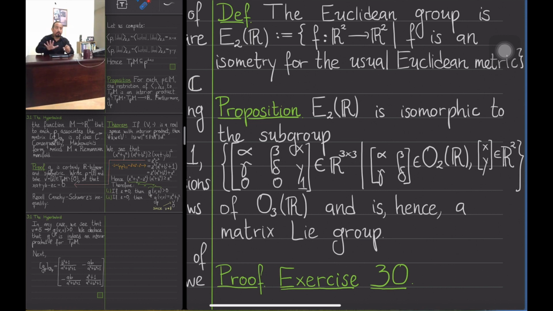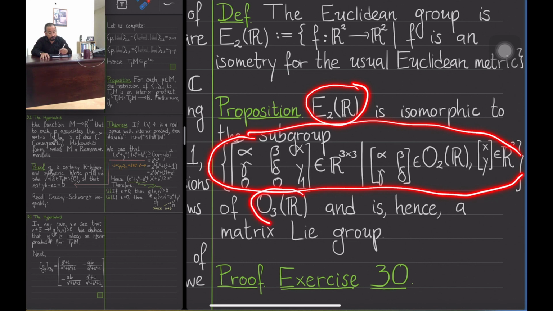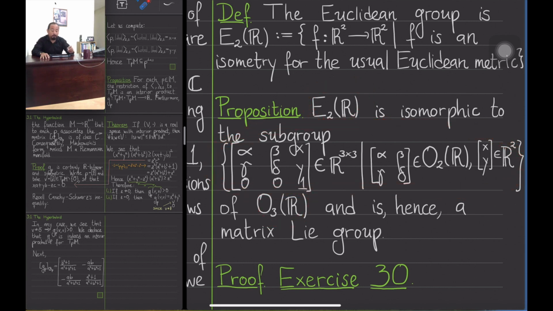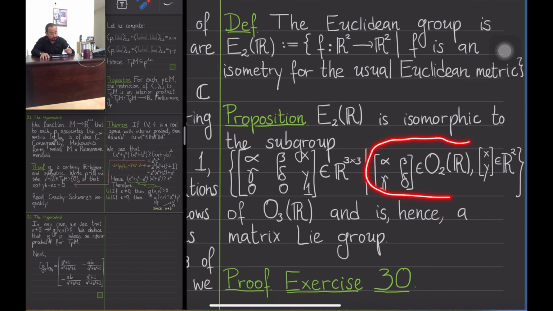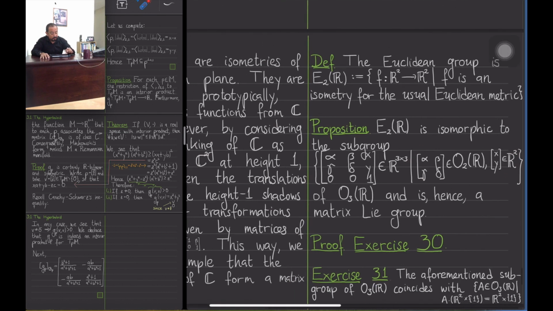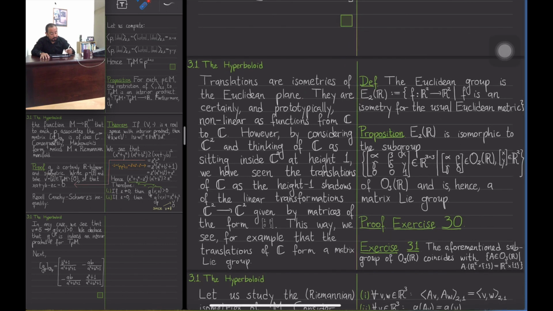So doing something around the origin and then translating. So if we do something around the origin and then translate, but at height 1, this way we realize the Euclidean group as a subgroup of O3, as a closed subgroup actually, right? Because these are actually closed conditions. So we see that this one is naturally a matrix Lie group.